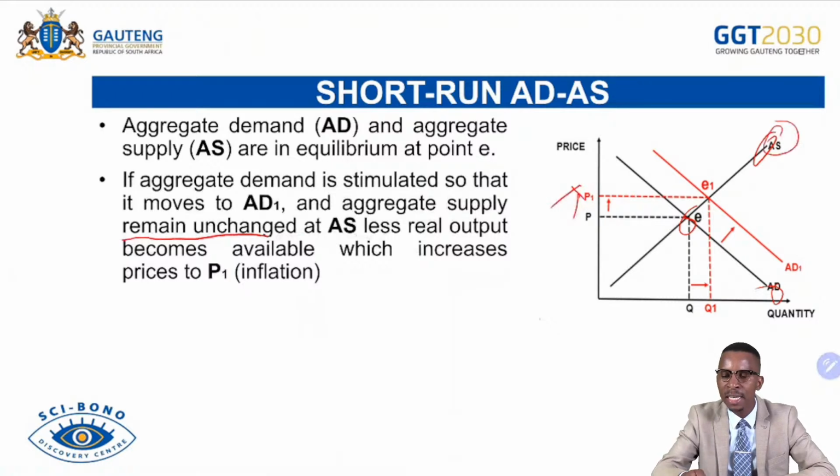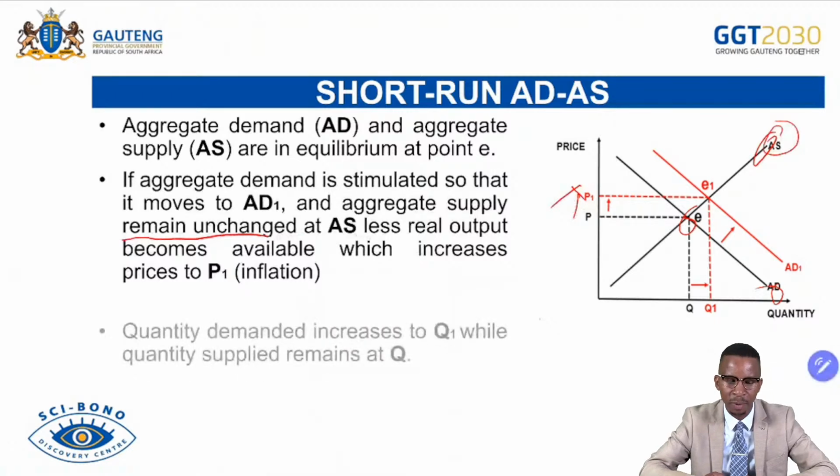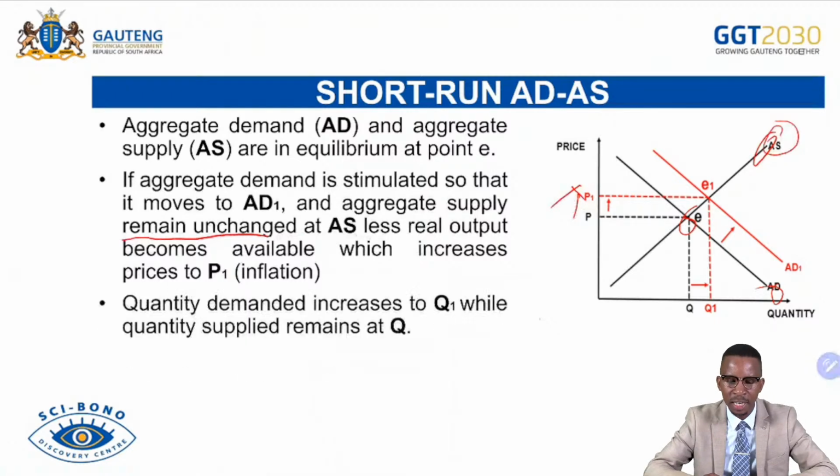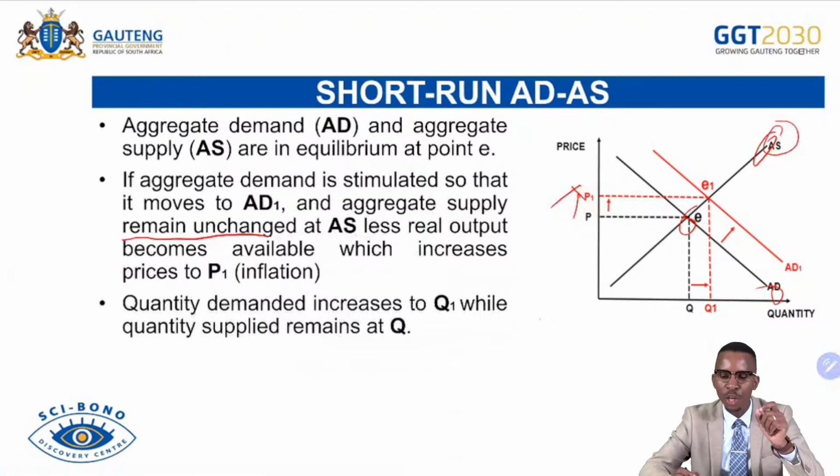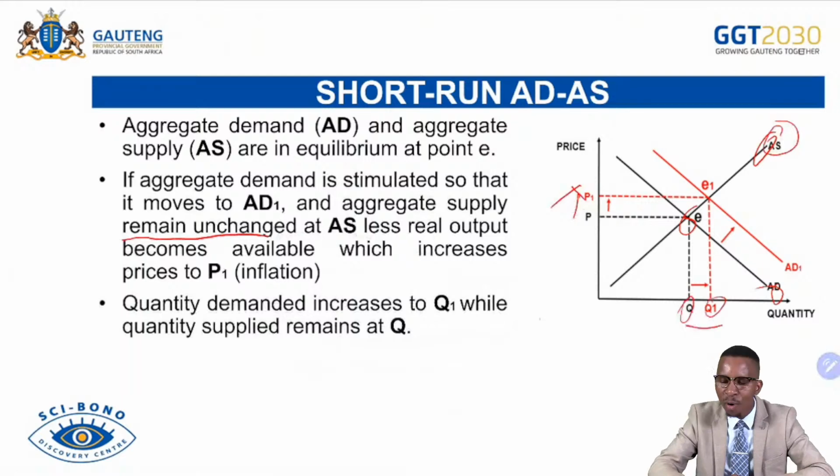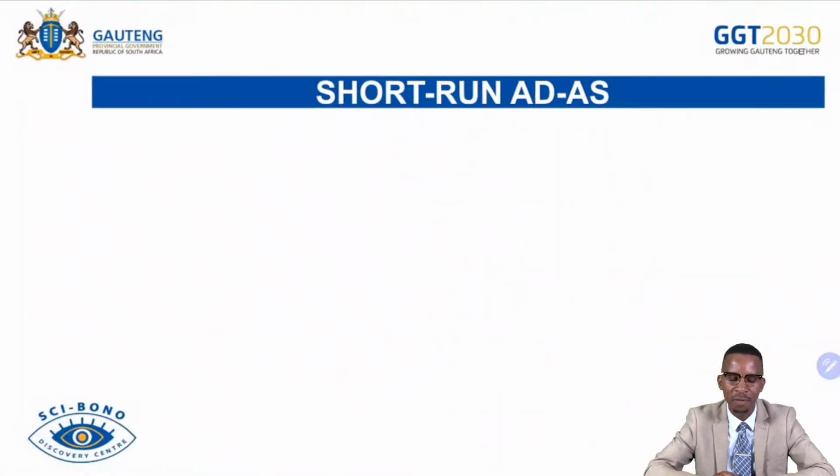It does not respond to the change in aggregate demand. Quantity demanded increased to Q1 while the quantity supplied remained at Q. Check. Suppliers are saying we can only supply at Q. Then consumers are saying we demand at Q1. For that sake, the demand is more than what is being supplied. That's why there's an inflation effect in this graph.